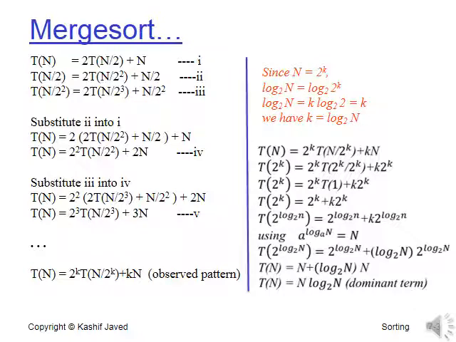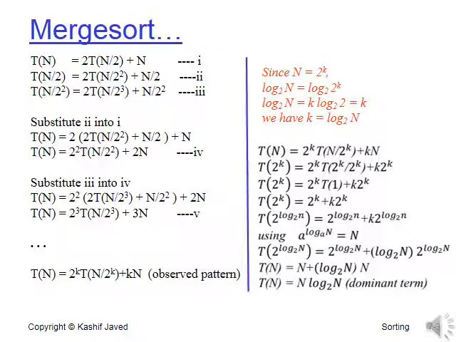Another way to solve the recurrence relation is by the substitution method. We know that T(1) equals 1. If we can substitute T(1) into the right hand side of T(n), we can solve the recurrence. Now let's substitute the recurrence relation continually on the right hand side.